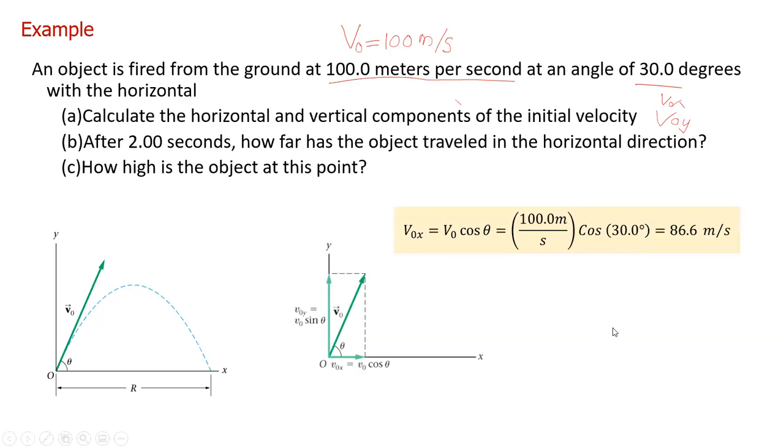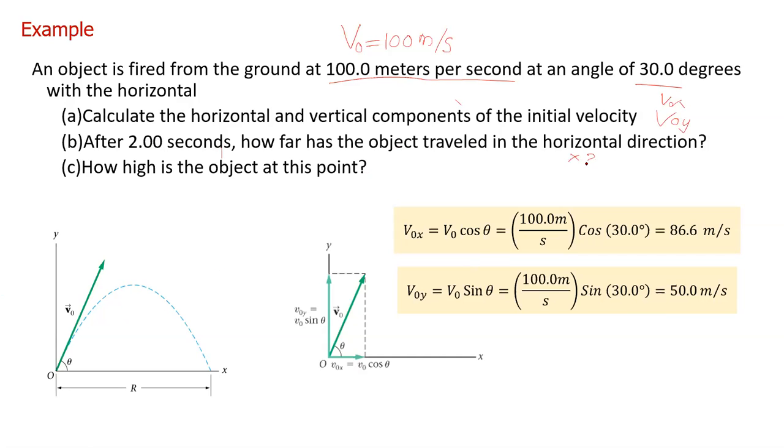I found out v0x, I found out v0y. So that's our first part. After 2 seconds, how far in horizontal direction? I don't know how far it is, we'll figure it out. In other words, it's asking x. How high? Y. Delta x is x minus x naught, and x naught is 0.